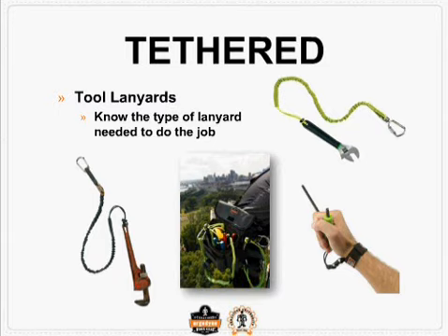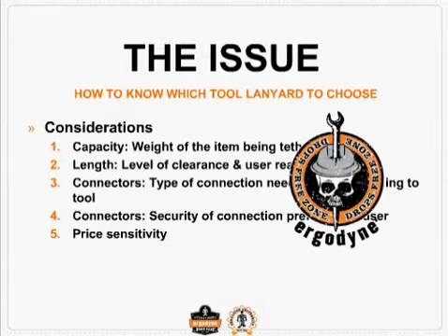There's 5 considerations you should take into account. The first is capacity. That's the weight of the item being tethered. Why this is so important in the conversation of dropped object prevention and objects at height safety is that, let's say with fall protection, you're choosing a harness for your workers. Those workers, even though they might fudge the numbers 10 pounds here and there, they know how much they weigh.